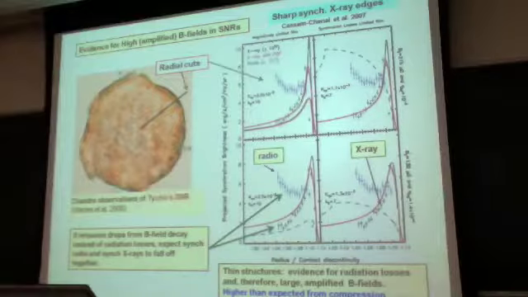The best explanation for this is that you have very, very strong magnetic fields, and very energetic electrons have a very short lifetime. So they are accelerated, they radiate, and then they decay. So this is indirect evidence for very high magnetic fields, much higher than the background interstellar magnetic field. So the idea is that this strong magnetic field is being produced by the shock.